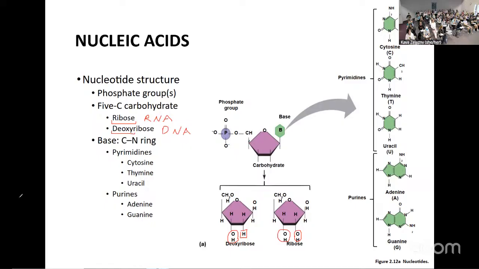Now, often when we think about genetics, when we're thinking about nucleic acids, we may not draw out the full structure of the carbohydrate that's at the center. Often we'll get lists of bases.